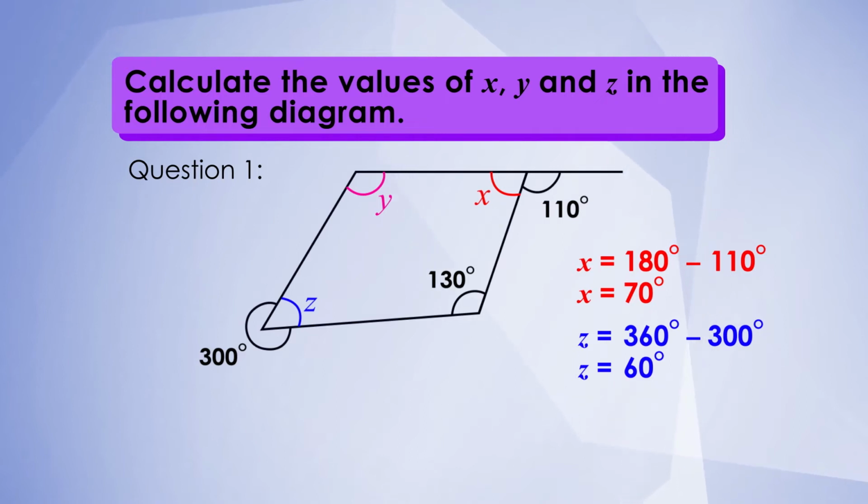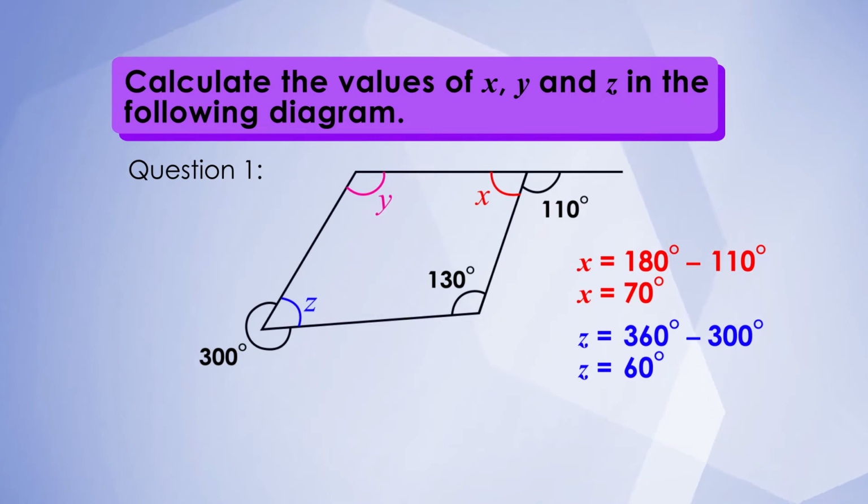Why? X, Y, Z and 130 degrees are all the interior angles of a quadrilateral. And we know that the sum of the interior angles of a quadrilateral is 360 degrees.